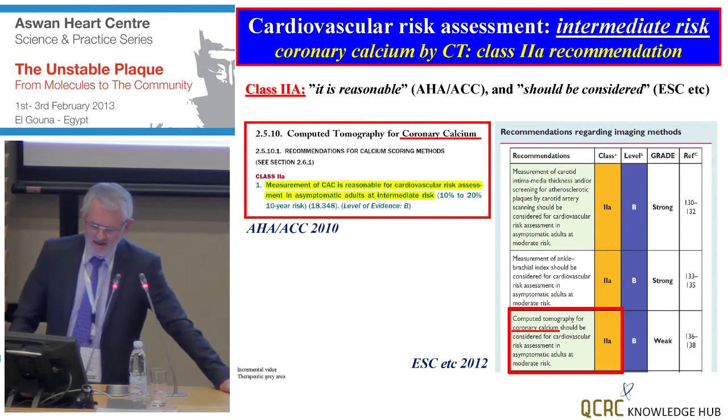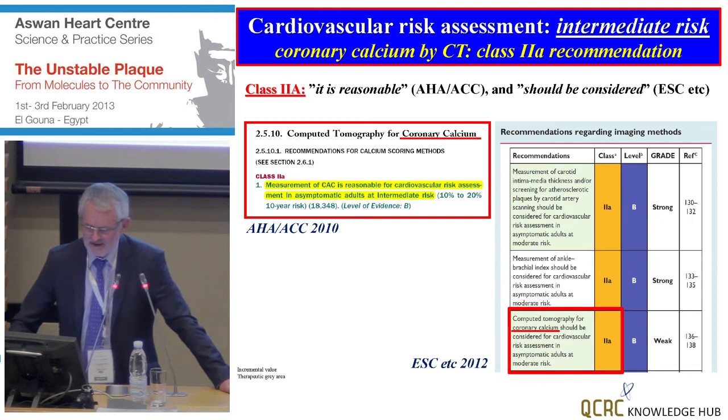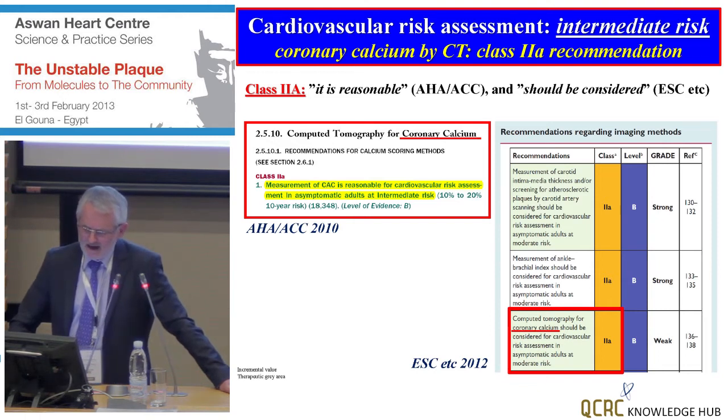And the wording in the American Heart Association, American College of Cardiology preventive guidelines on computed tomography for coronary calcium says: measurement of coronary artery calcification is reasonable for cardiovascular risk assessment in asymptomatic adults at intermediate risk.